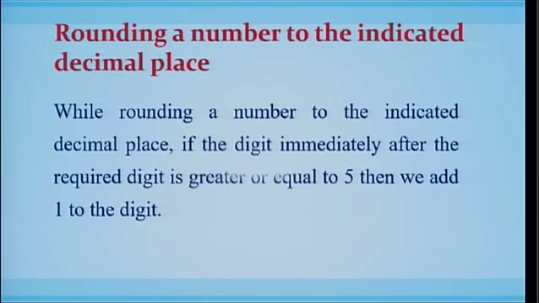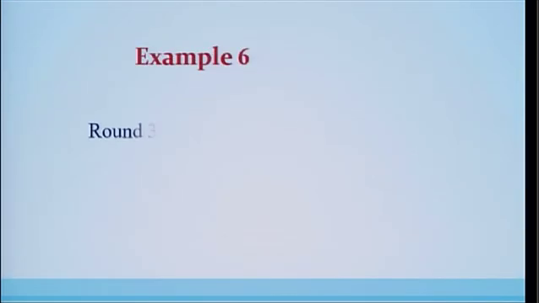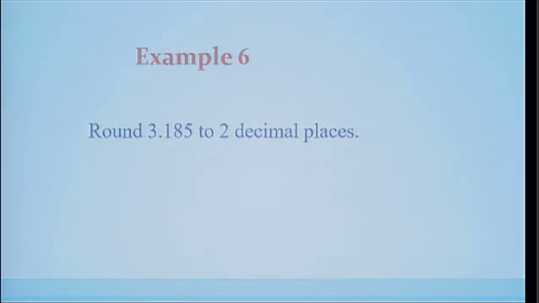But what happens if the number immediately after the required one is 5 or more? So we are going to say, if the digit immediately after the required digit is greater than or equal to 5, we add 1 to the digit. That is, if we want to round 3 decimal 185 to 2 decimal places, in other words, we're going to keep 2 digits after the decimal point.